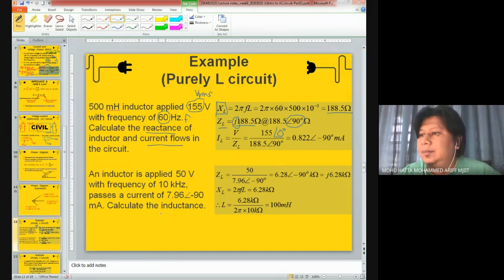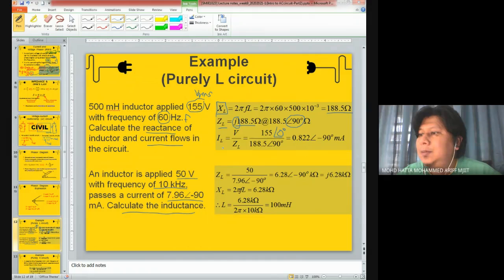Now, the same goes for the second question. If you look at the second question, an inductor is supplied 50 volts at a frequency of 10 kilohertz, and passes a current of 7.96 with the angle of negative 90. Calculate the inductance.